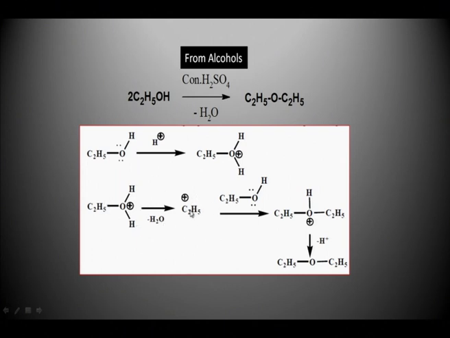This ethyl carbocation intermediate further reacts with the second mole of ethyl alcohol to form an oxonium ion, diethyl oxonium ion, and this oxonium ion, by removal of hydrogen, forms the ether product.